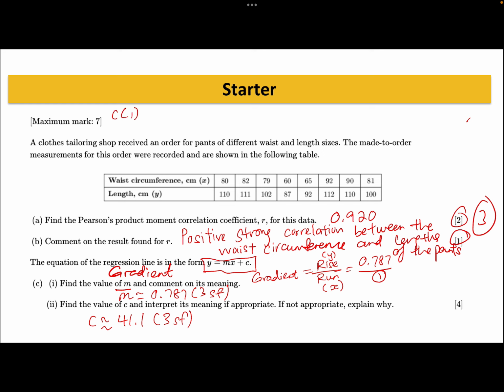So C part 1, I'm just going to write it here because I'm running out of space. The length of the pants will increase by 0.787 centimeters for every 1 centimeter increase in the waist circumference.